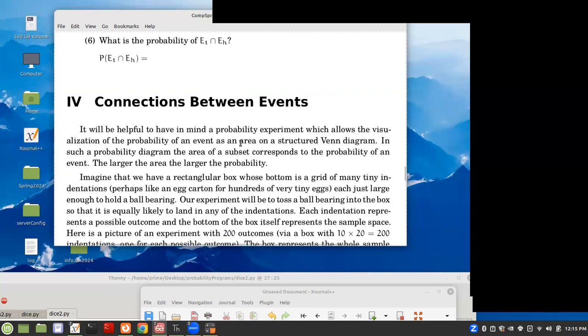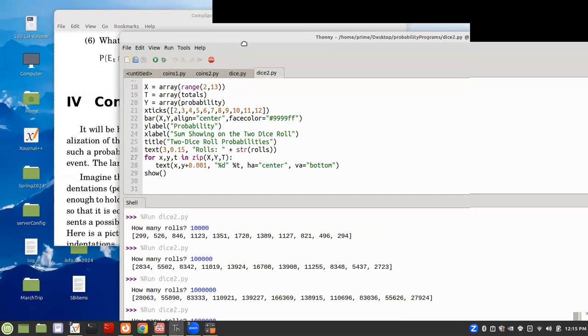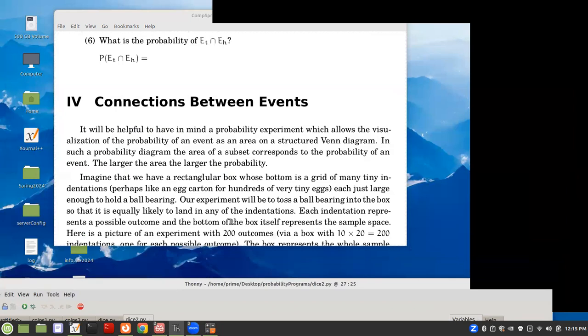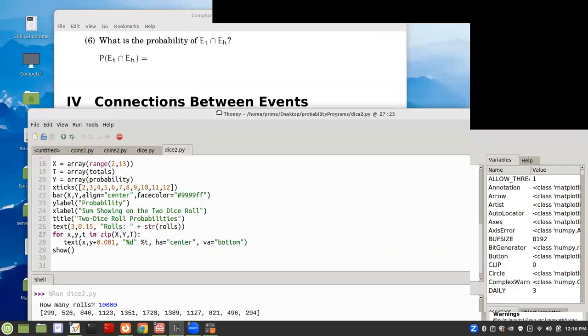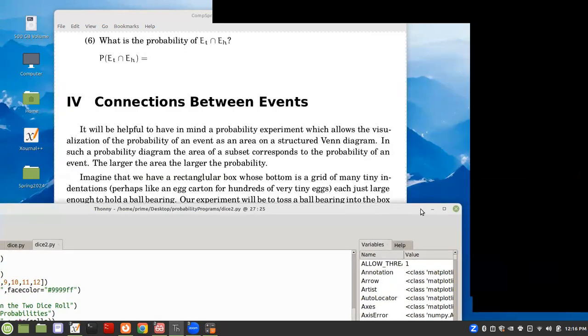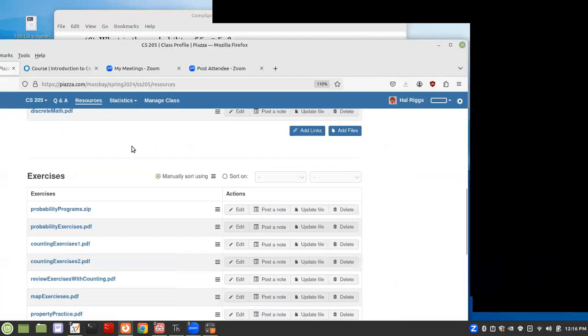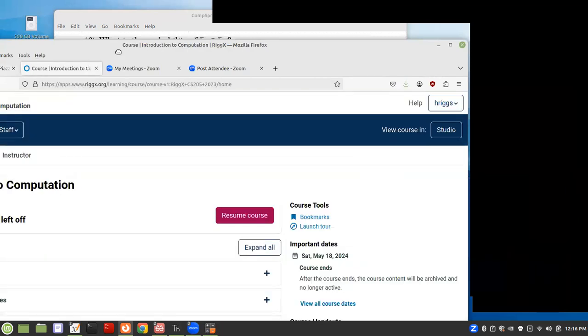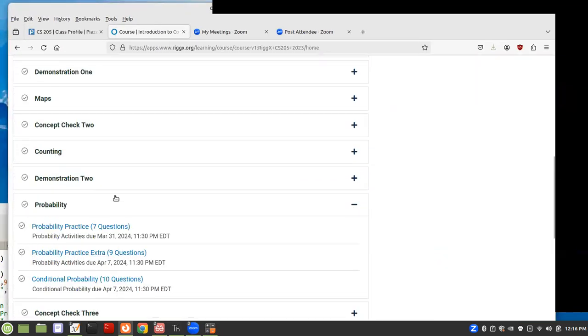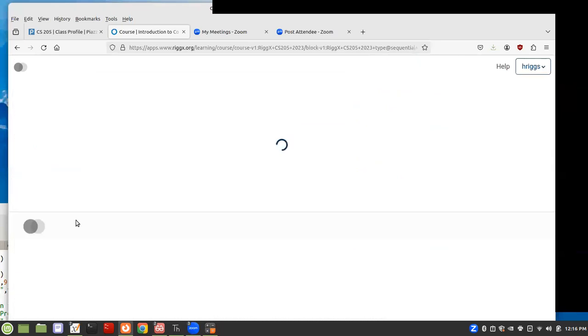Now, this is basically what we need to do for this week, so to speak. Let's go to the new exercises that appear for probability.